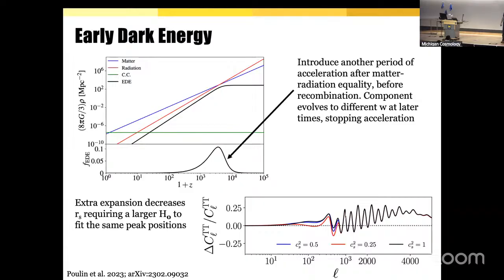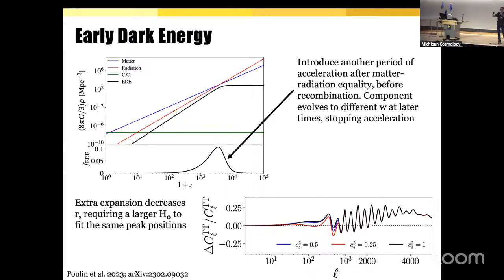Is there a period of early dark energy? It is incredibly contrived, this solution. You have to put in a very small amount of acceleration between matter radiation equality, because you don't want to mess up Big Bang nucleosynthesis or what's happening in the early universe, and decoupling, because you don't want to mess up the production of the CMB. But if you basically put this bump in, you can change that integral that we saw before for the sound speed, the sound horizon.